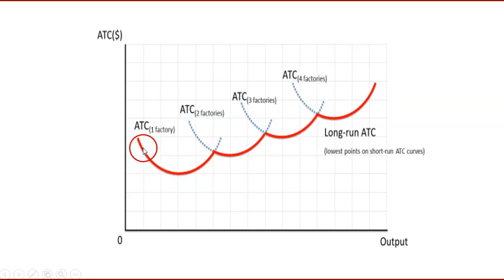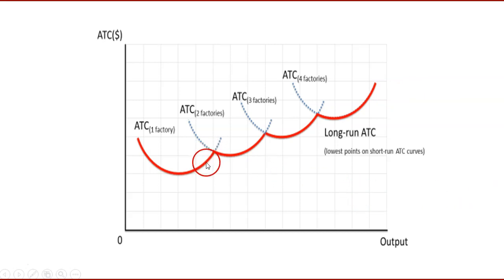And so if we then look at the lowest points on these short-run average cost curves, we can see that there's a trajectory upwards. Those lowest points, that red line, is a lumpy long-run average total cost curve. As the firm's scale increases, the cost per unit of production goes up for the reasons I've just outlined.